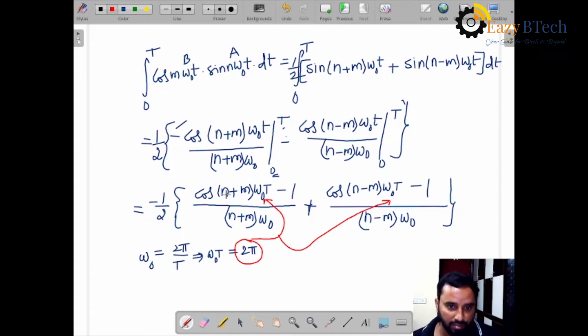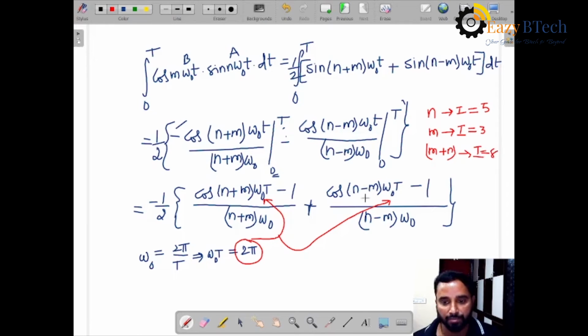And after that I am talking about n plus m. I told you already n is an integer, m is also an integer, then m plus n will also become an integer value, right or not? For example, n is equal to 5, m is equal to 3, so 5 plus 3 or 3 plus 5, 8, an integer.